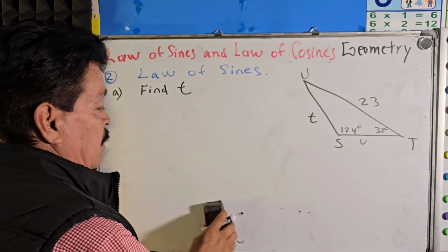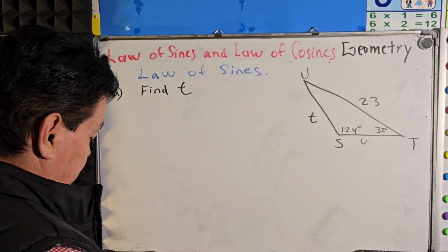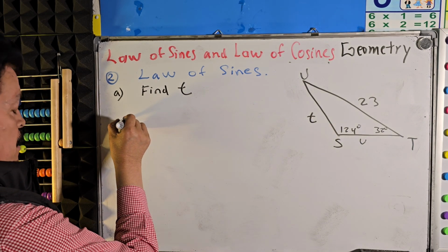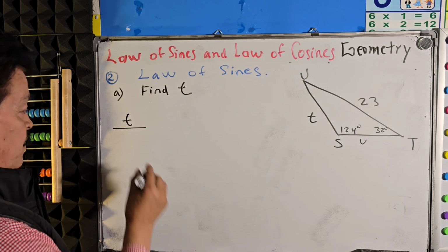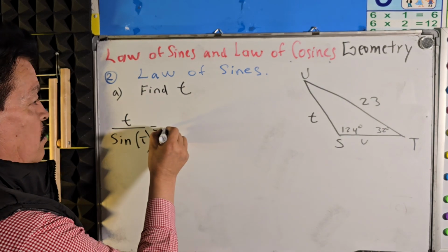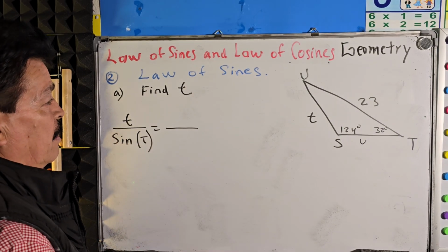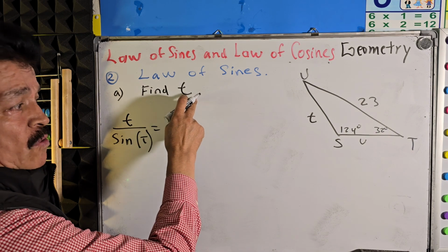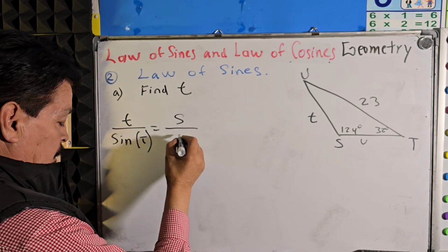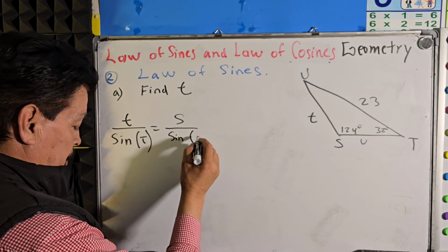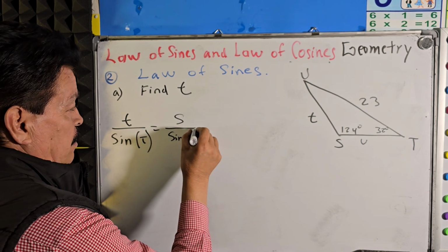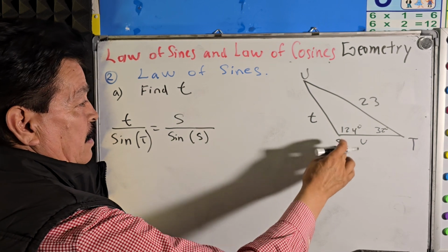All right, so let's erase it here and then start to solve our problem. For instance, we have t divided by sine of t, equals. We are looking to find the value of t. How much is this side? This equals s over sine of s, right here it's 124.